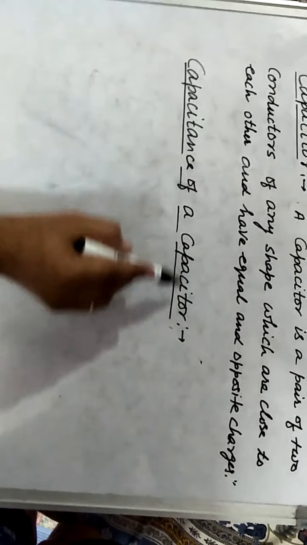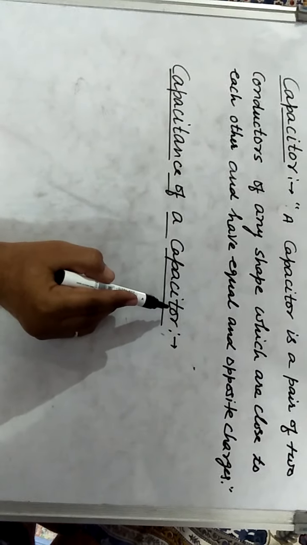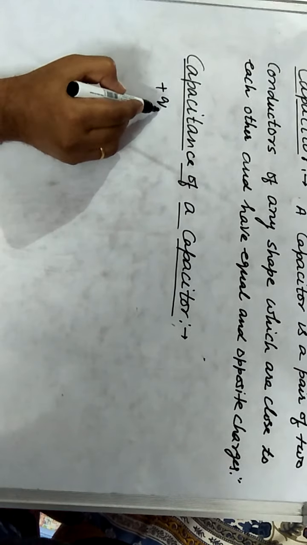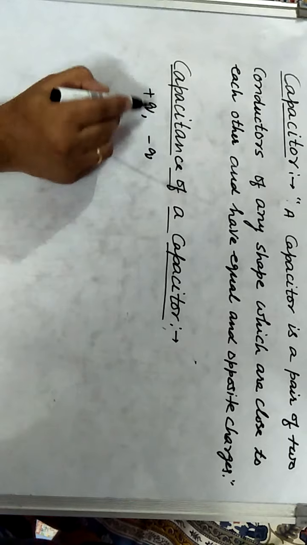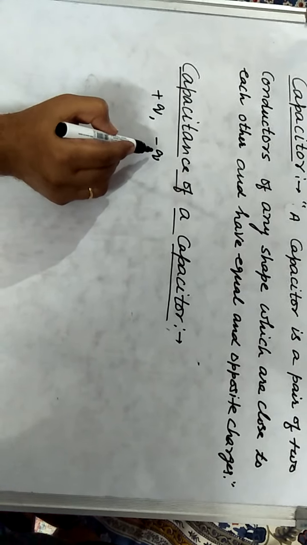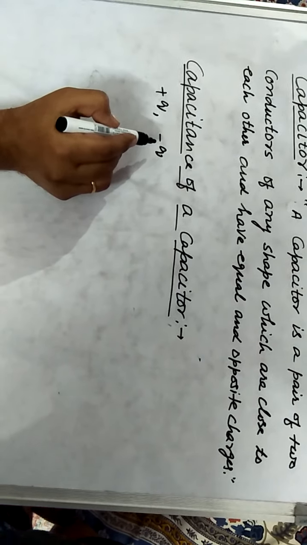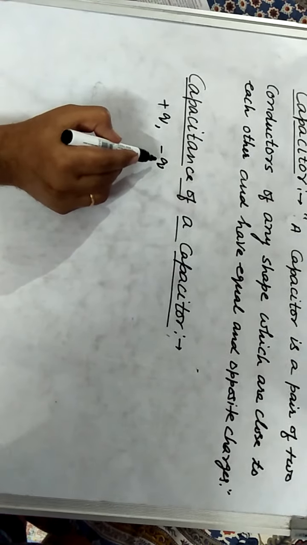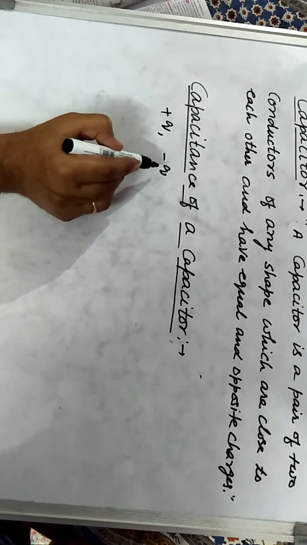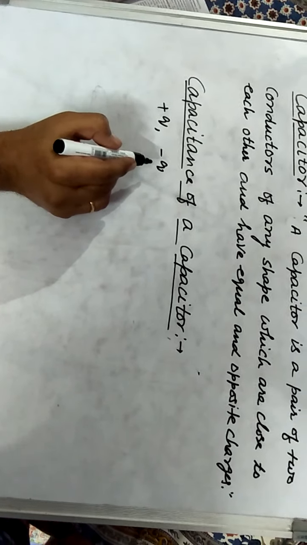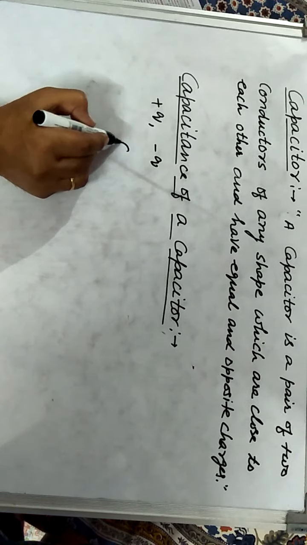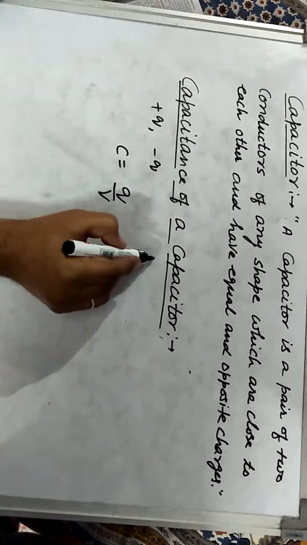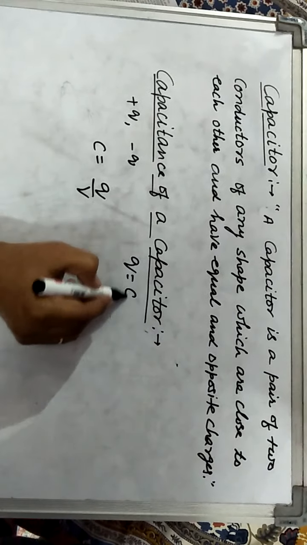Now the capacitance of a capacitor. If the charges on the plates of a capacitor are plus Q and minus Q, meaning equal and opposite charges on the two plates, and the potential difference between them is V, then the capacitance of a capacitor is given by C is equal to Q upon V. Already I have given this formula, Q is equal to CV.